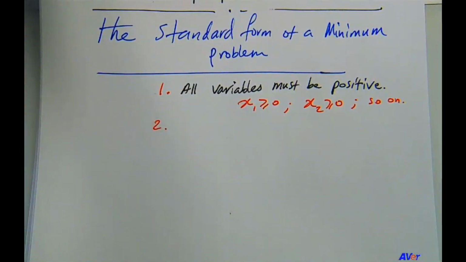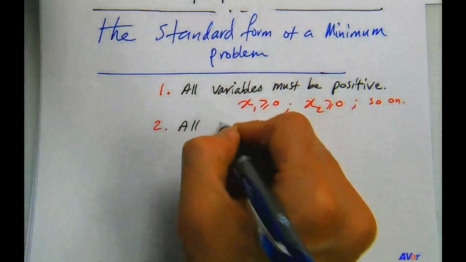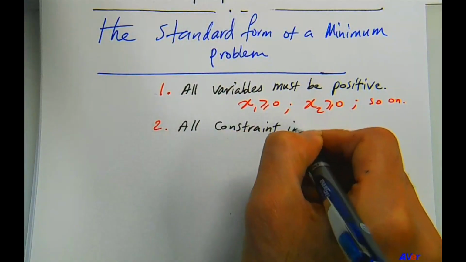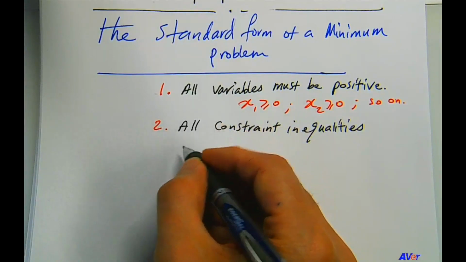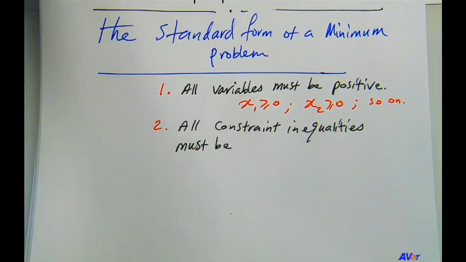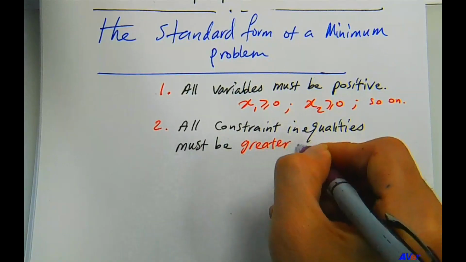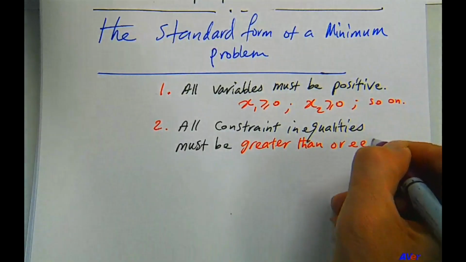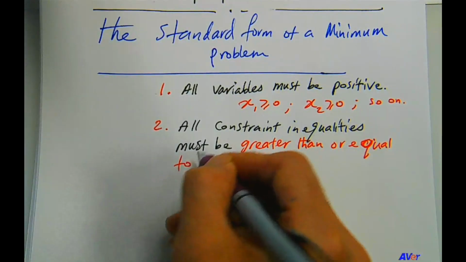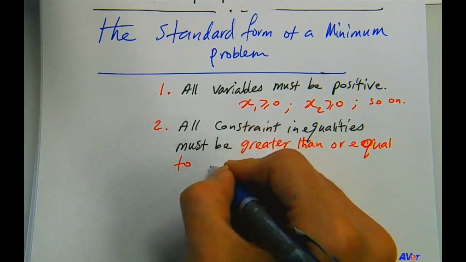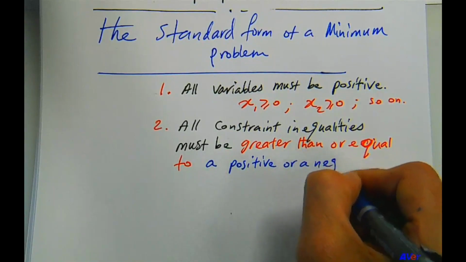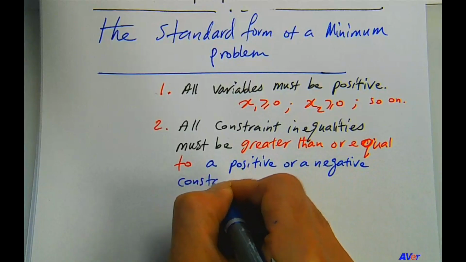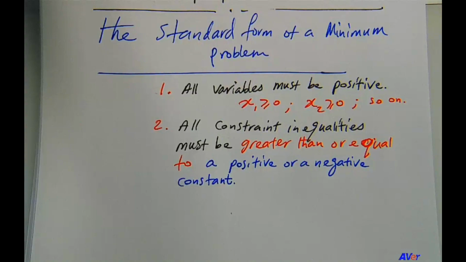The second condition is that all constraint inequalities must be greater than or equal to a positive or a negative constant.